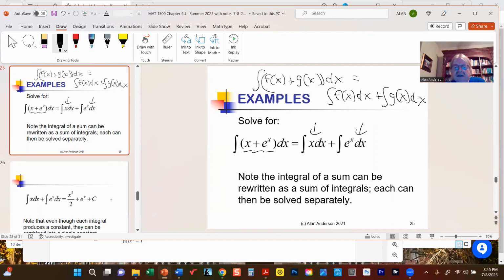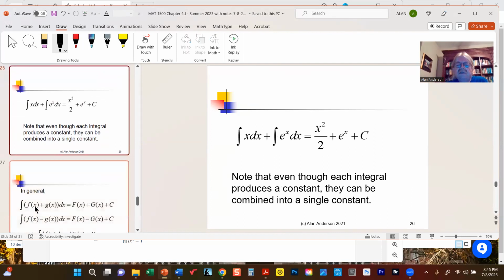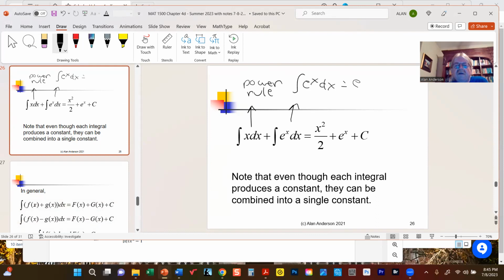Now, we've already seen how to handle these. The x, this one, we will obtain it with the power rule. And this one, well, it's this rule. I don't know if there's a name for it.